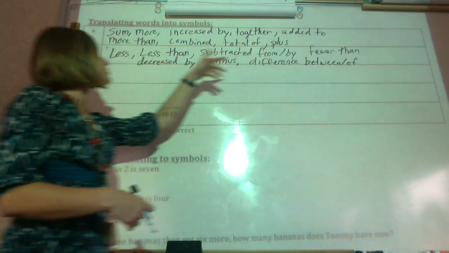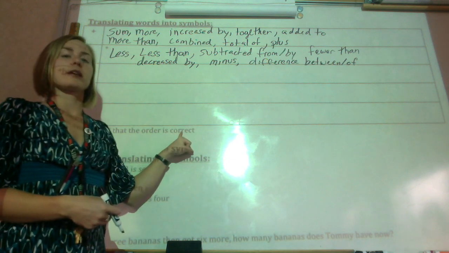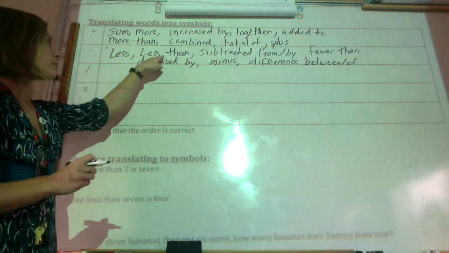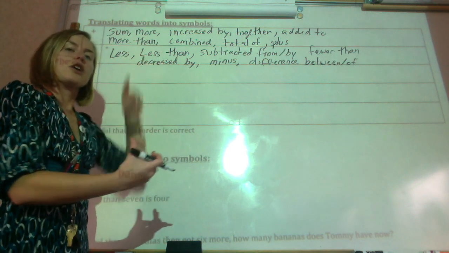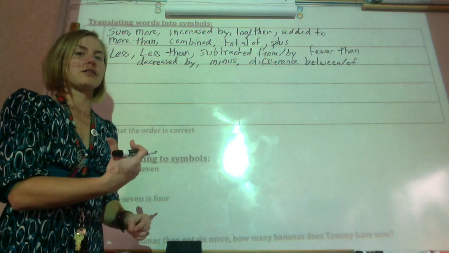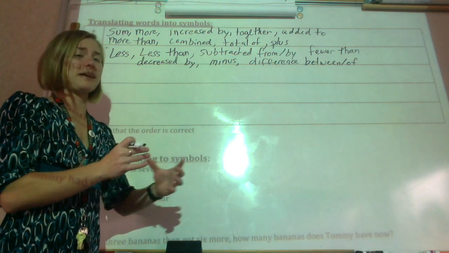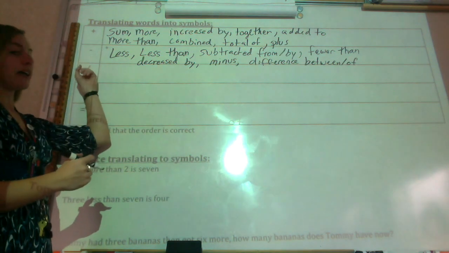Now I put a little star here to let you know that you want to be careful about the order. So subtraction is really the only one you need to worry about. If you're thinking about 3 less than 7, you're not going 3 minus 7, you're going 7 minus 3. And subtraction is really the only one where you have to reverse your numbers.